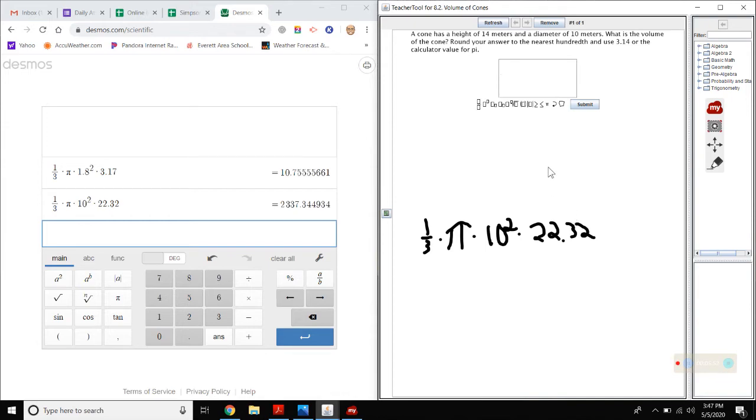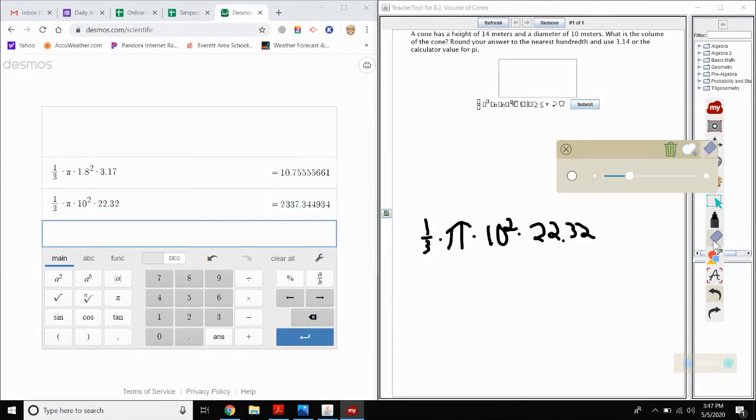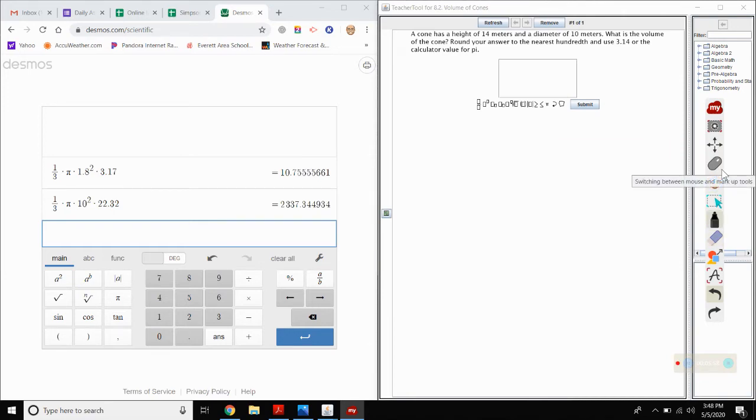Let's do one more, and we're going to do this word problem here. Now, why did I say let's do this word problem? Because automatically I saw this word diameter. And I do not want the diameter. I want half of that for the radius. So my radius is going to be half of that.